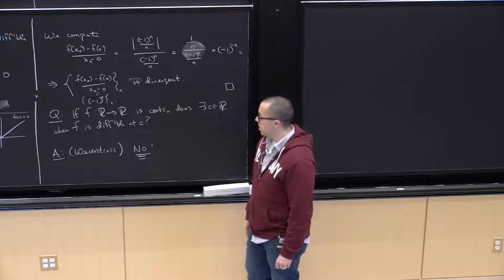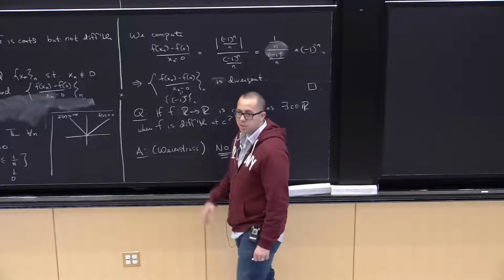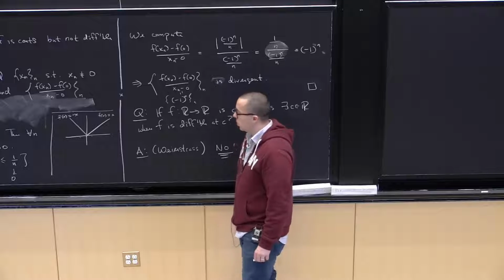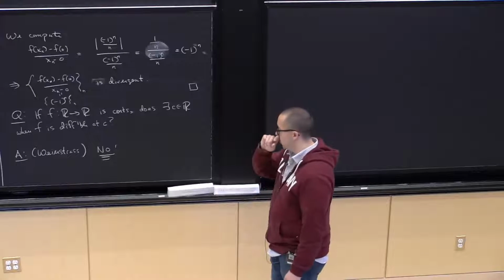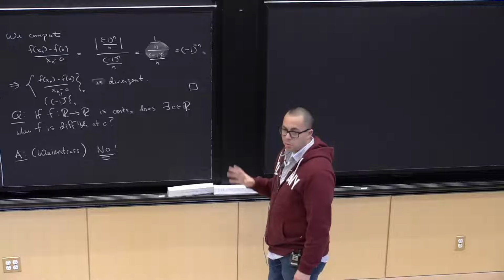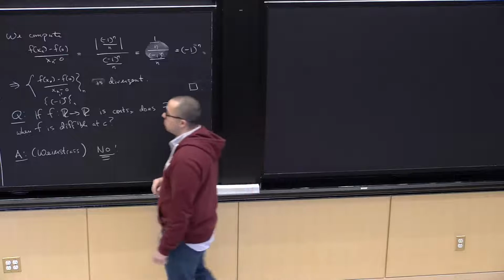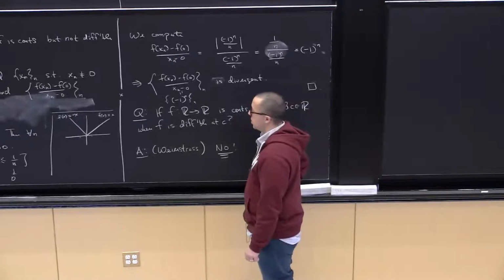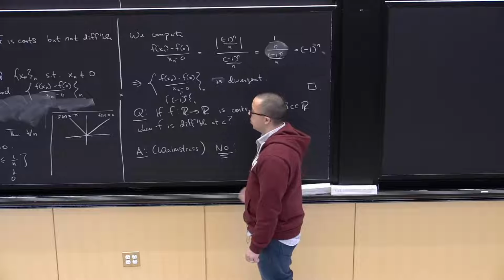And Weierstrass, the godfather of analysis, said no. He came up with a whole class of examples of functions which are continuous on the real number line, but differentiable nowhere. This was a really surprising set of examples and result to the community.